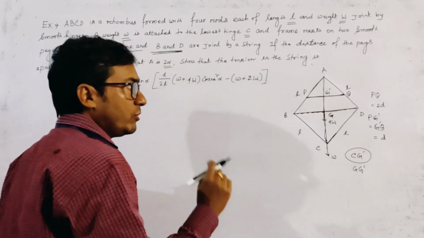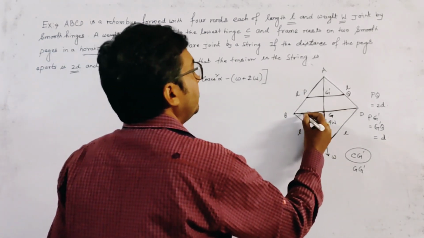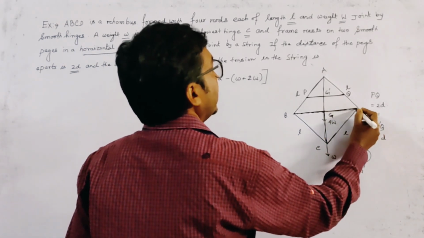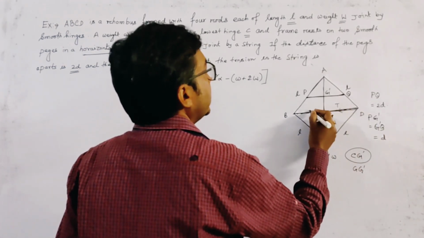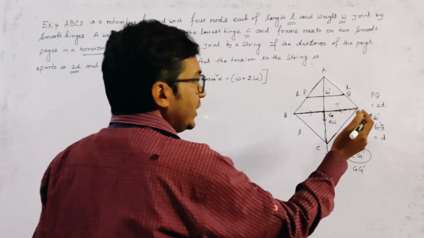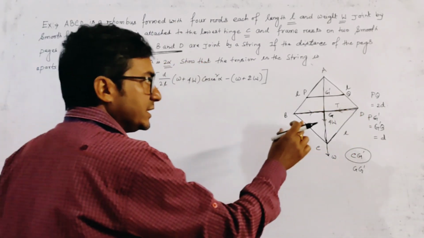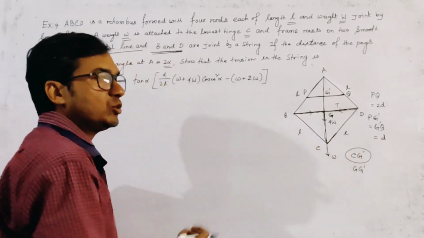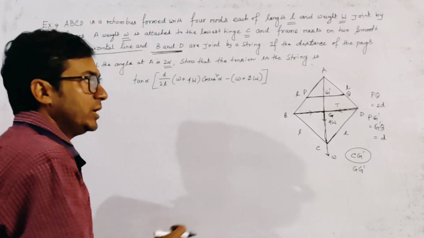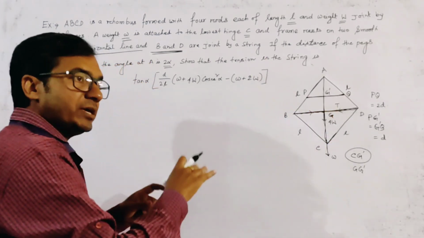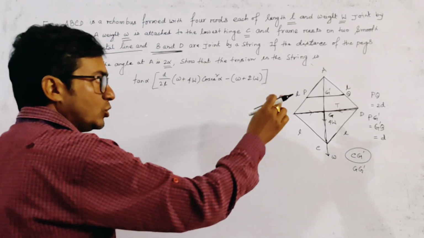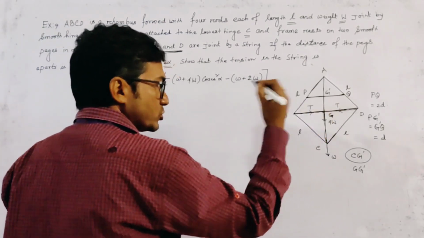And third, BD is a string, let the tension be T, and we know that tension always acts in the inward direction, and tension tries to decrease the length of the string. But the string in the system must be increased, so here the tension is a negative force.